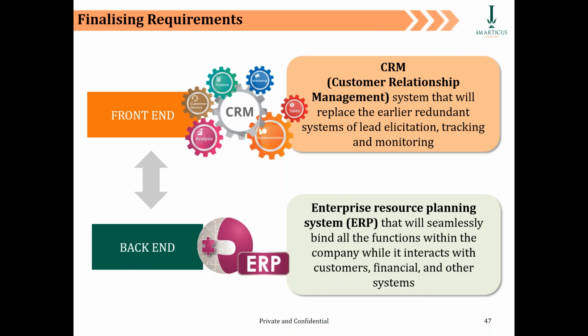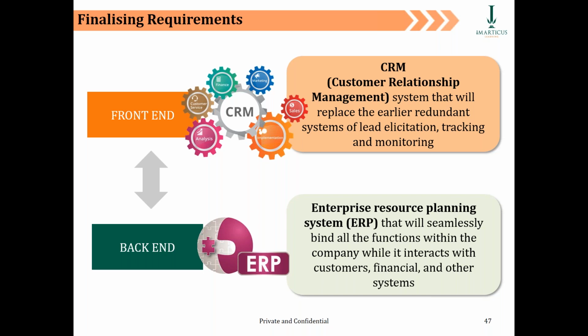Okay, continuing ahead, guys, one of the suggestions which came from some of the students was a new front end coupled with a new back end. So at the back end, you have a new enterprise resource planning system.